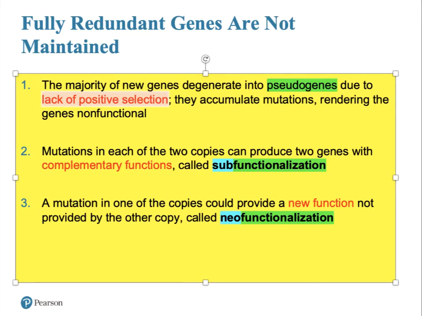If mutations accumulate in both genes, there may be a case where one gene complements the activity of the other gene to restore the biochemical function back to that cell, and we call that subfunctionalization. In some rare cases, a mutation in one copy of the gene may provide it with a new function that it didn't have previously, and that's called neofunctionalization.